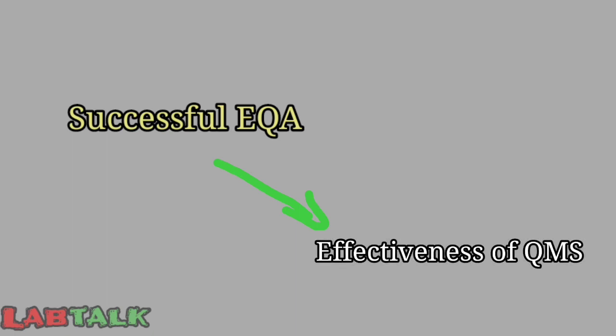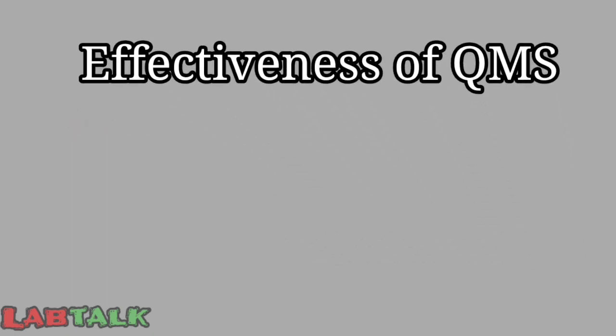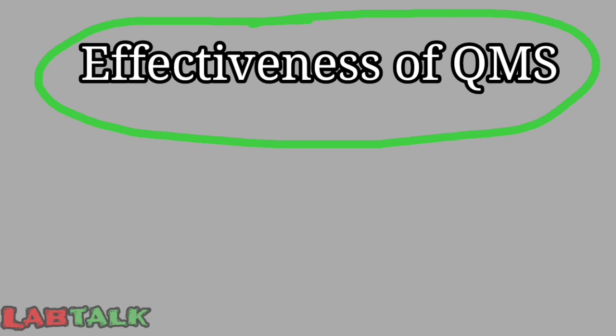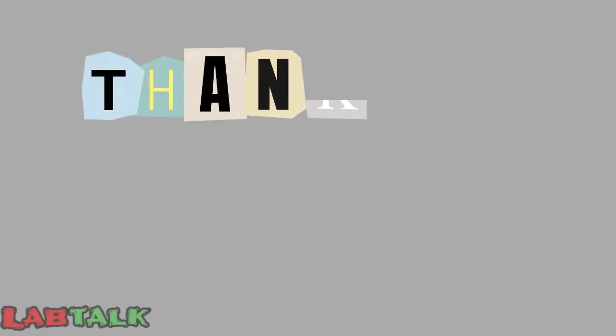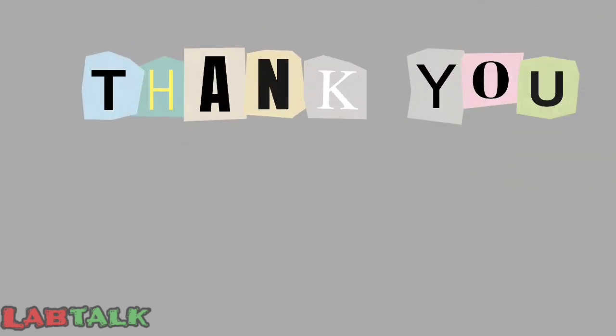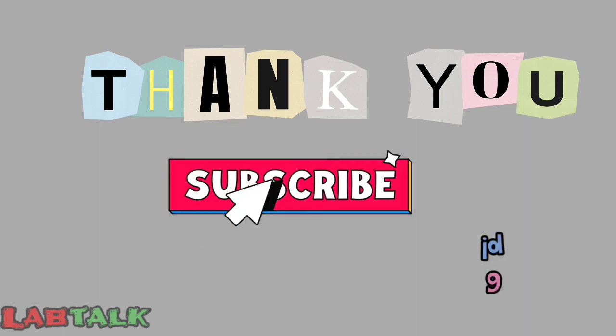Successful performance in an IQA program reflects the effectiveness of the laboratory's quality management and allows for recognition of the laboratory quality by an external group. IQA is important for improvement of the laboratory quality management system, as it is a measure of the laboratory's performance. So in the coming videos we will see the details of external quality assessment or IQA.